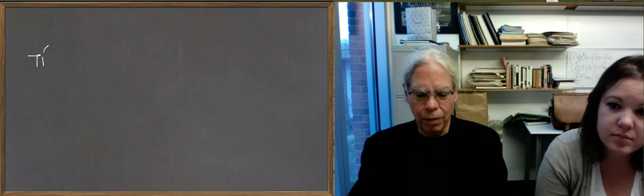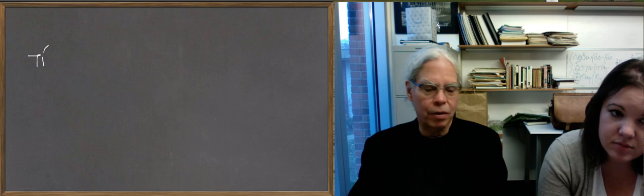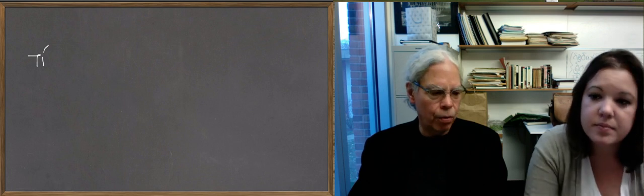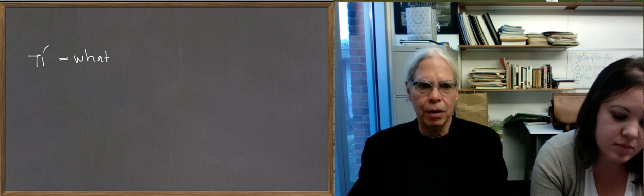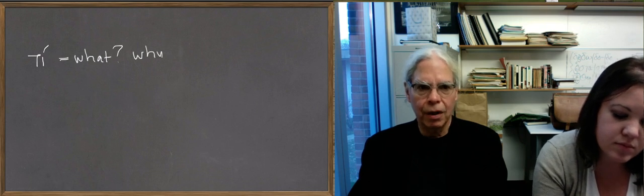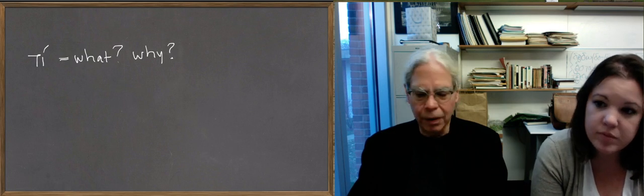So you can also say, in respect to what thing are you happy? So you can take the word ti and have it mean in what way, or it can mean why. Just ti at the beginning of the sentence can mean both what, question mark, and why, because it can be a so-called adverbial accusative, because it means in what way, or in that sense.